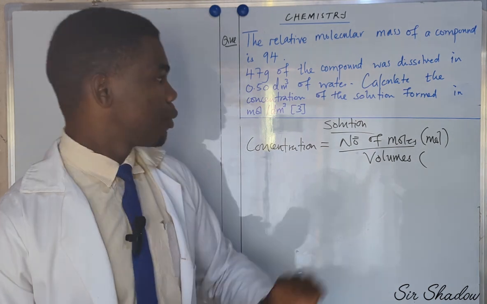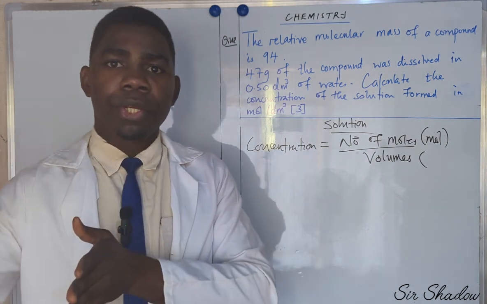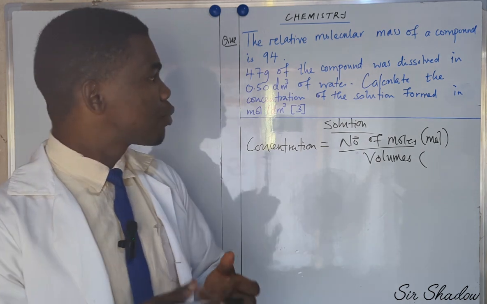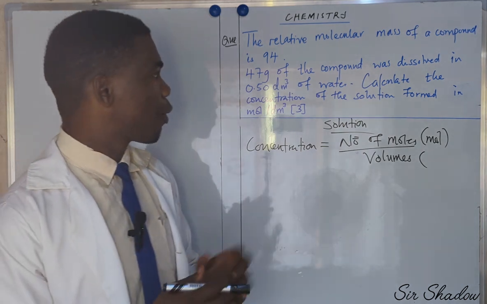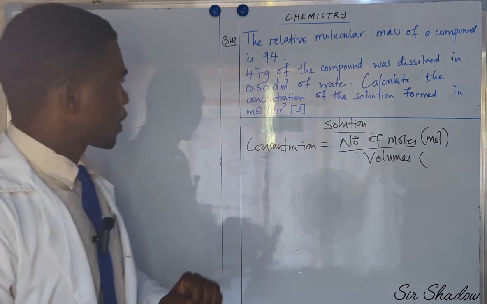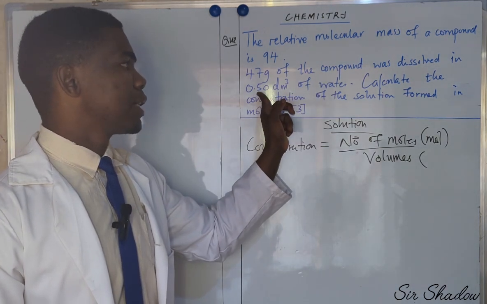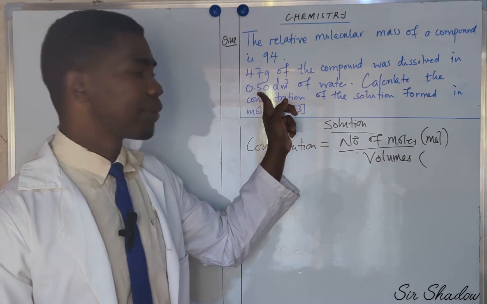How can you do this? You just divide the given value in cubic centimeters by 1000 to change it into dm3.